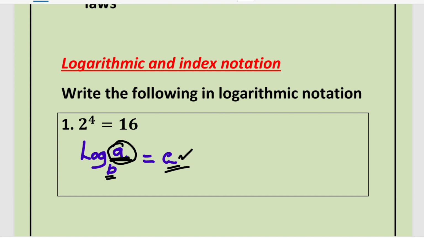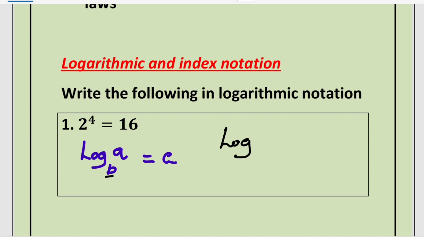So in short, to write our 2 raised to power 4 is equal to 16 in what we call the logarithmic notation, this is what we will get. Log 16 base 2 is equal to 4. 2 is the base. That when you raise 2 to power 4, you get 16.